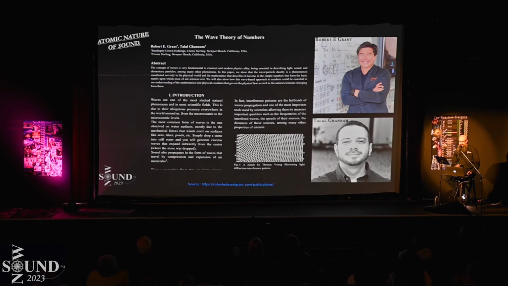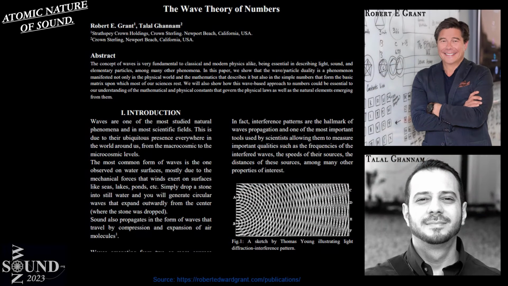So here's one of the heroes of Now Sound 2.0, and it is Robert Edward Grant. He wrote a paper with Talal Ghanem, and they basically showed that numbers have a wave nature, numbers themselves. Because when we look at particles and these really small Planck level and quark level vibrations, what do we use to define them?